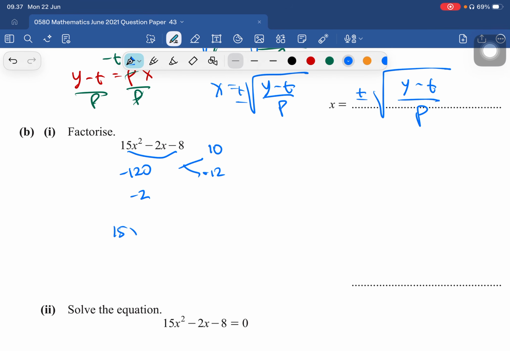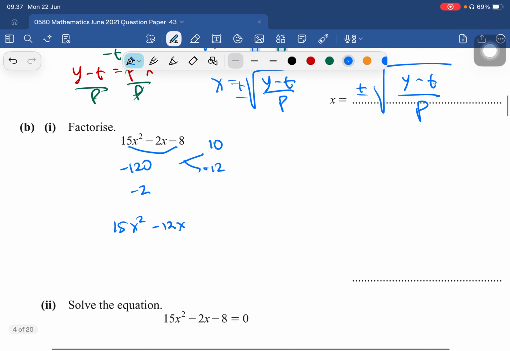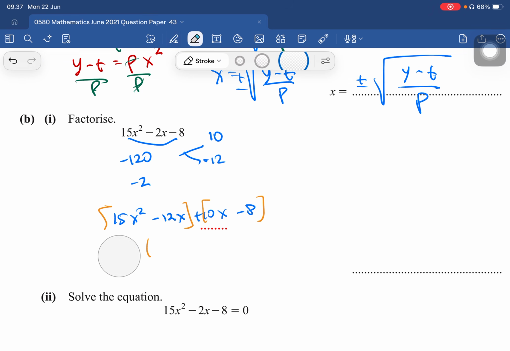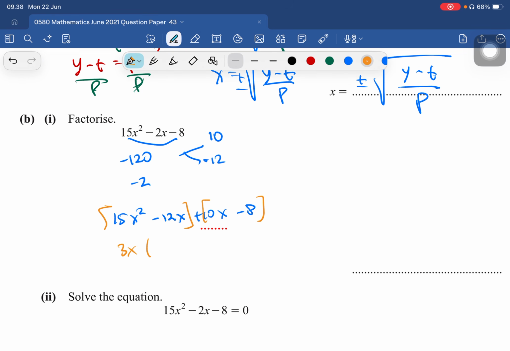So 15x squared minus 12x, and then plus 10x, then minus 8. We factorize it. Here, 15 and 12, we take out 3x. So the remaining is 5x minus 4.